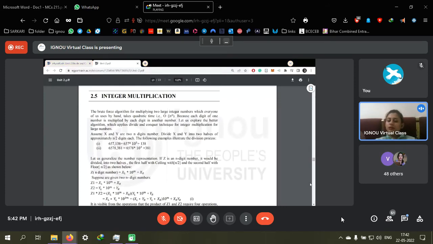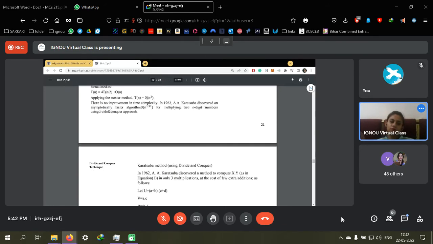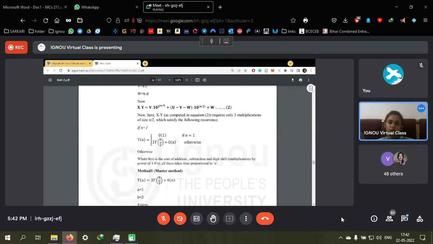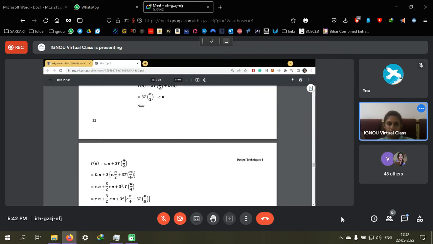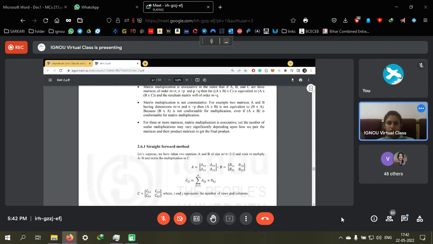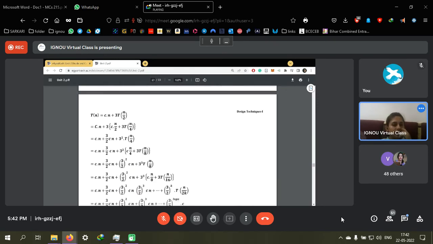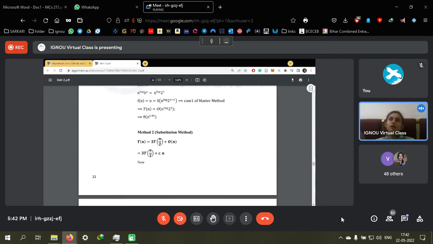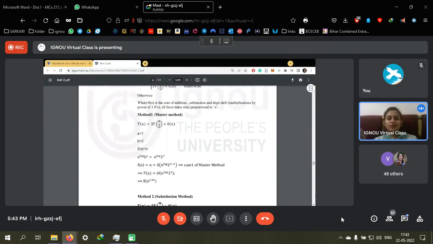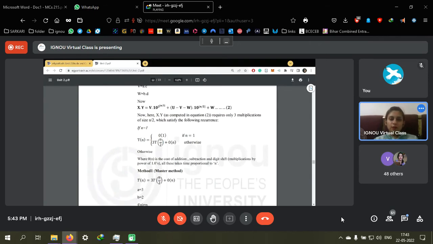Now we have integer multiplication. Integer multiplication means if we have two integers, 1024 and 3672, we have to multiply both the integers.